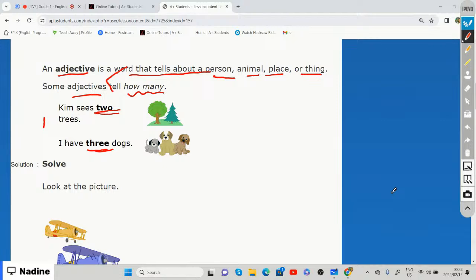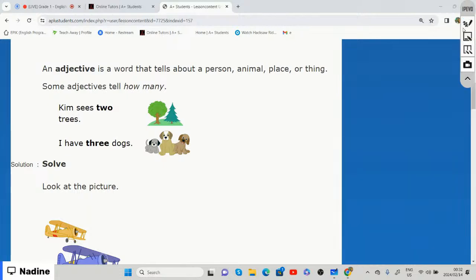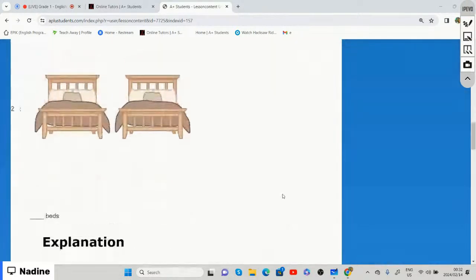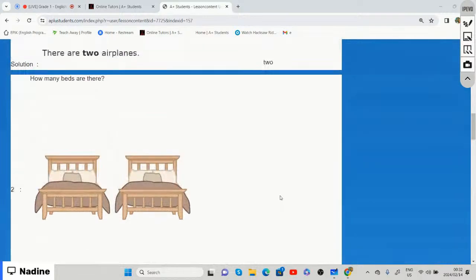And remember, we said that you need to ask yourself what kind, and you need to ask yourself how many. And now, if we look at these pictures, it says, how many beds are there?